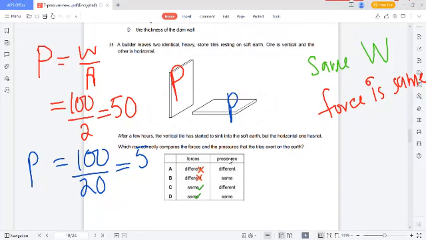Now pressure: the red one has a pressure of 50 and the blue one has 5, so both have different pressures. Different is here, different is here. So this is incorrect, this is incorrect. Overall, our correct option is this one.